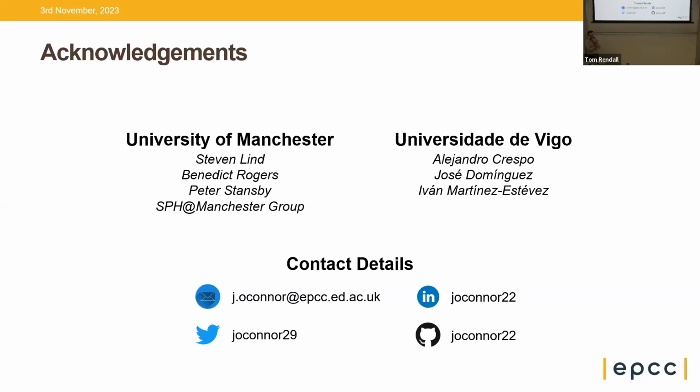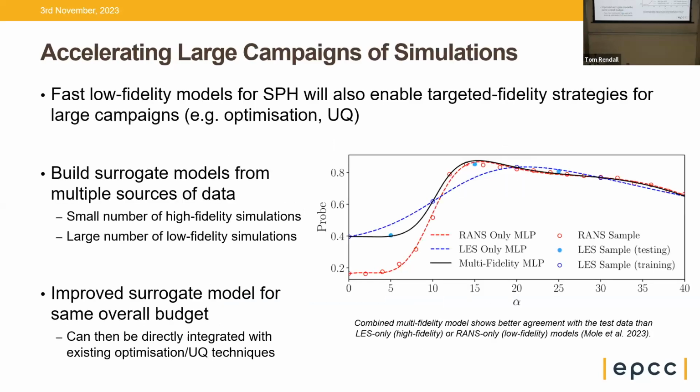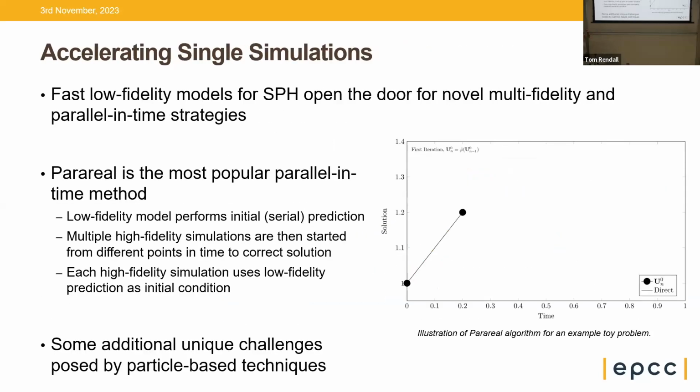So on the parallel in time stuff, I guess something like SPH is in the loop that will do the initialization. And then you mentioned a high fidelity technique to fill in the gaps. What do you think there in terms of scheme? Well, it's quite general, but the idea I had was using the GNNs for the fast serial part, and then starting multiple SPH runs from the GNN part.